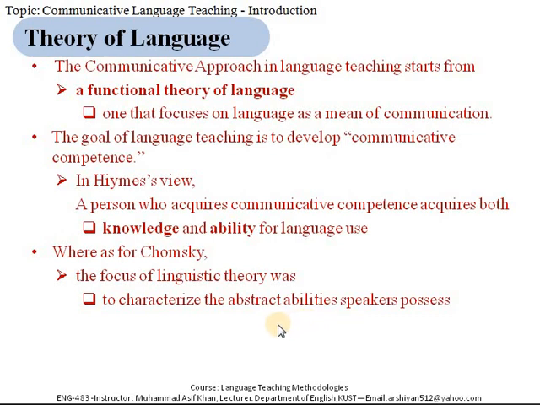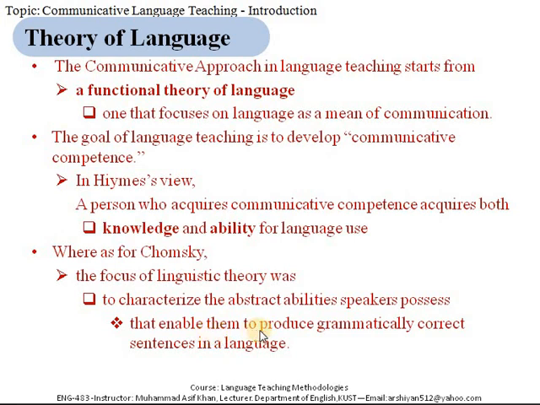He is basically viewing language with other characteristics, and he is just focusing on the abstract abilities of the speaker, and these abilities enable the speaker to produce grammatically correct sentences in the language. So Chomsky's theory was based on the cognitive view of language, having a relation to the brain of human beings.